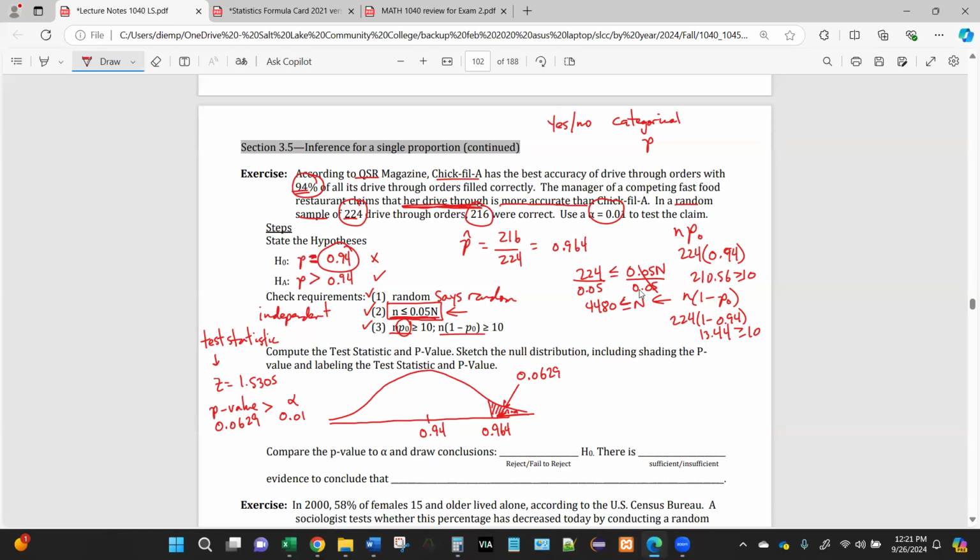And then what happens? They actually find out that it's no faster, right? So it's kind of wasted money, and they don't want to do that, right? So they are interested in new techniques, but they don't want to adopt a technique that doesn't actually help, right? So that's why they might have a lower alpha value there. And so since the p-value is greater than alpha, we fail to reject.